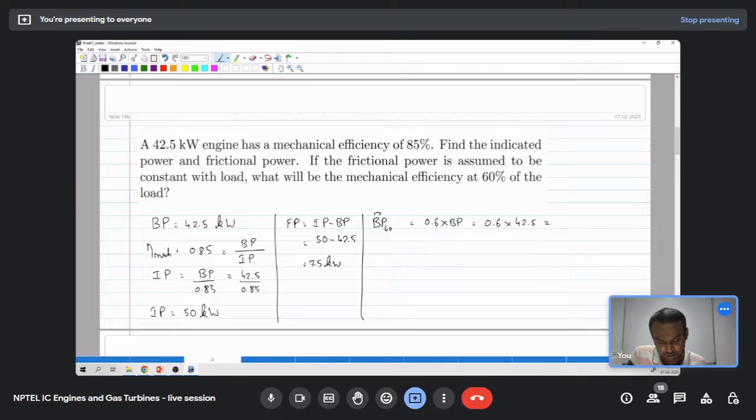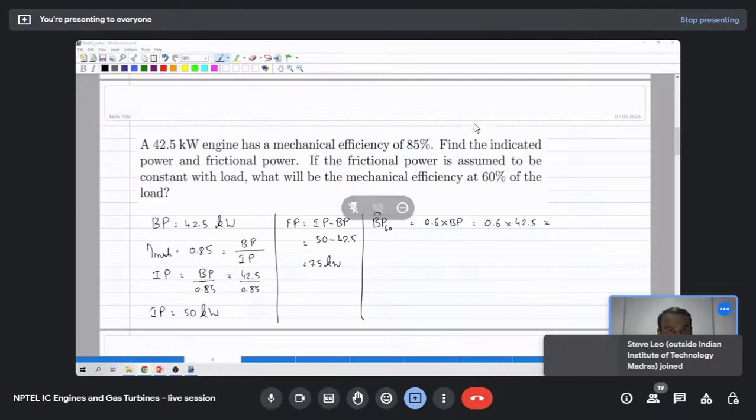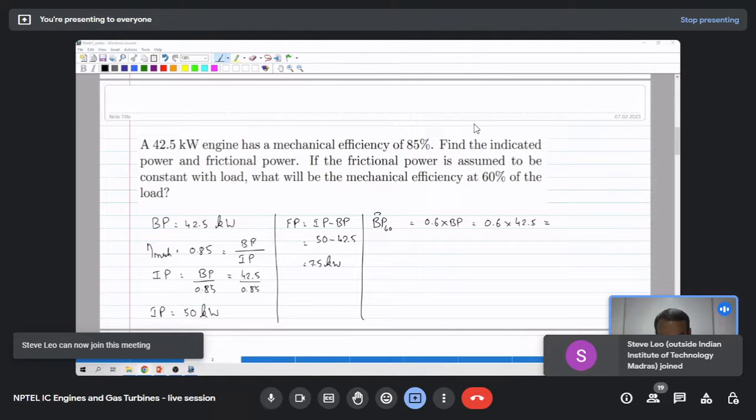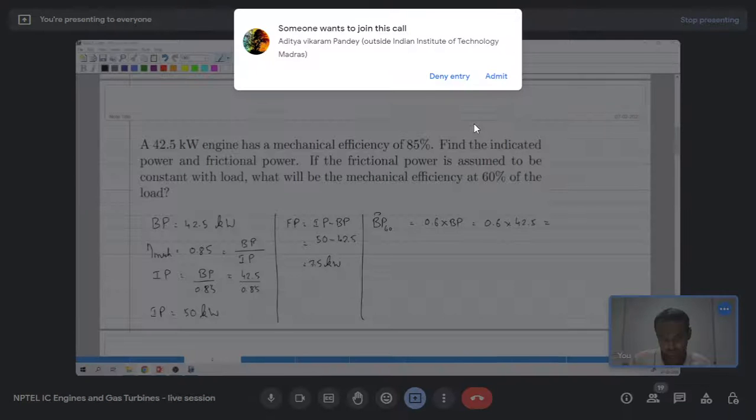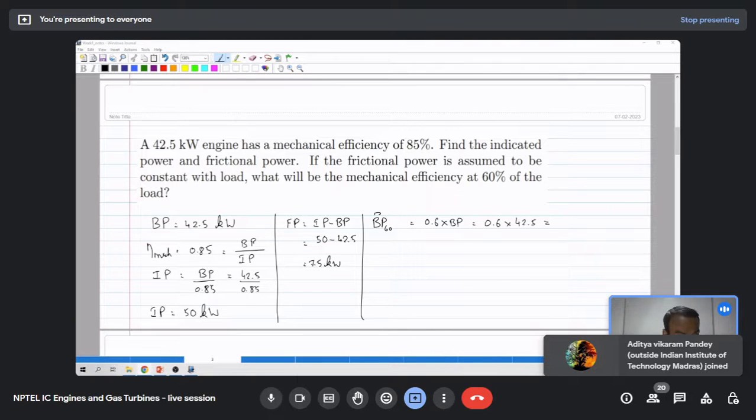So we have the same friction power. So what is this brake power at 60%? 0.6 into 42.5.